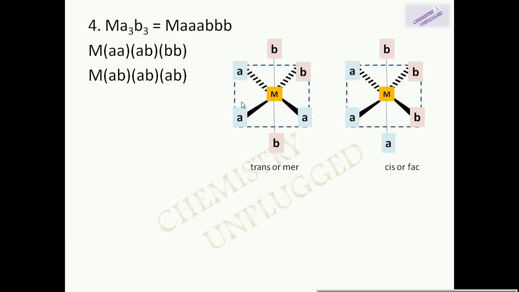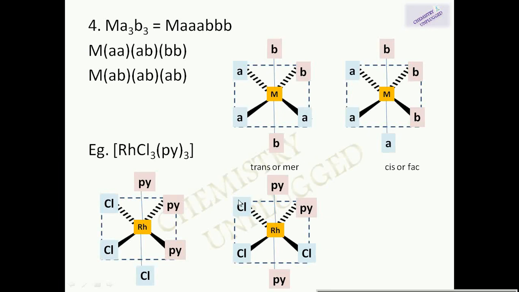Similarly, these three are in one plane. So when they are in one plane, this is mer, and when the same type of ligands are present in one face of an octahedron, it is fac. Example, RhCl3. So these are two possible geometrical isomers of this compound.